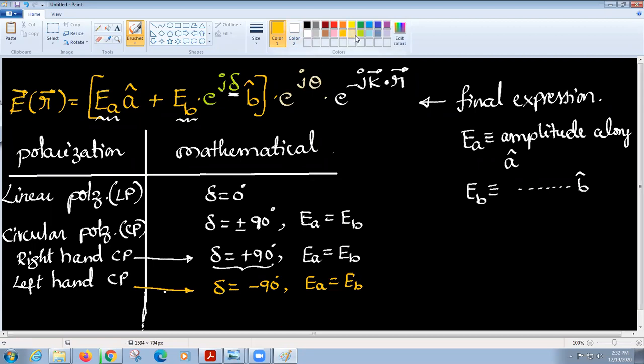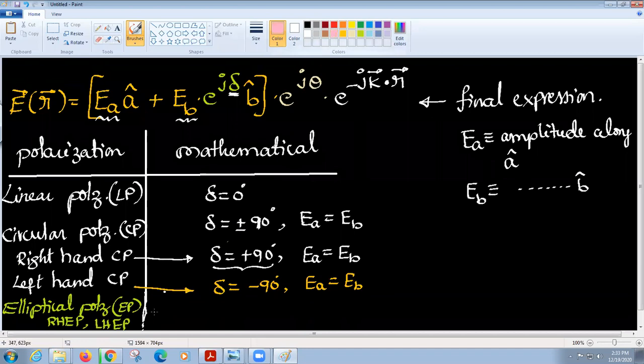The most general case is elliptical polarization. Circular polarization and linear polarization are special cases of elliptical polarization. Like circular polarization has RHCP and LHCP, likewise you have right hand elliptical polarization and left hand elliptical polarization.